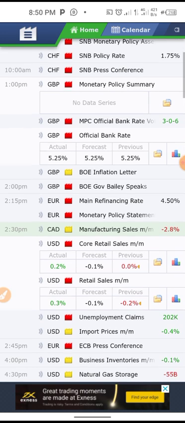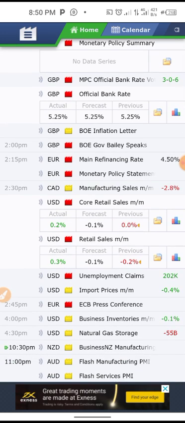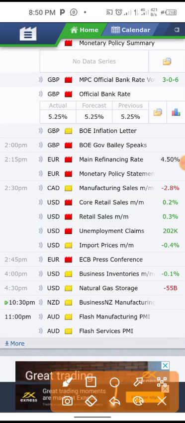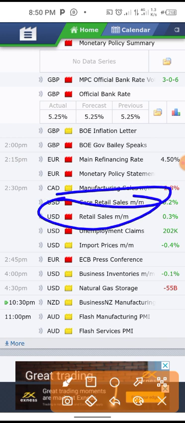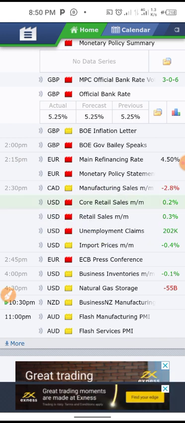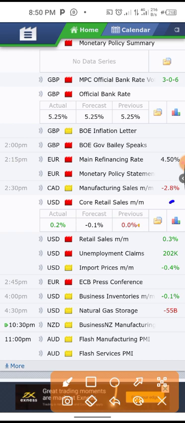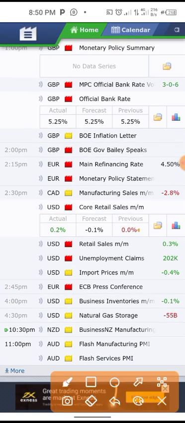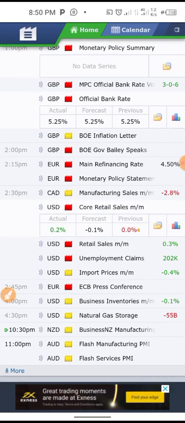Something else I also want to look at: when you tap on each of these news, you're going to see a graph here. You want to tap on it to open it.